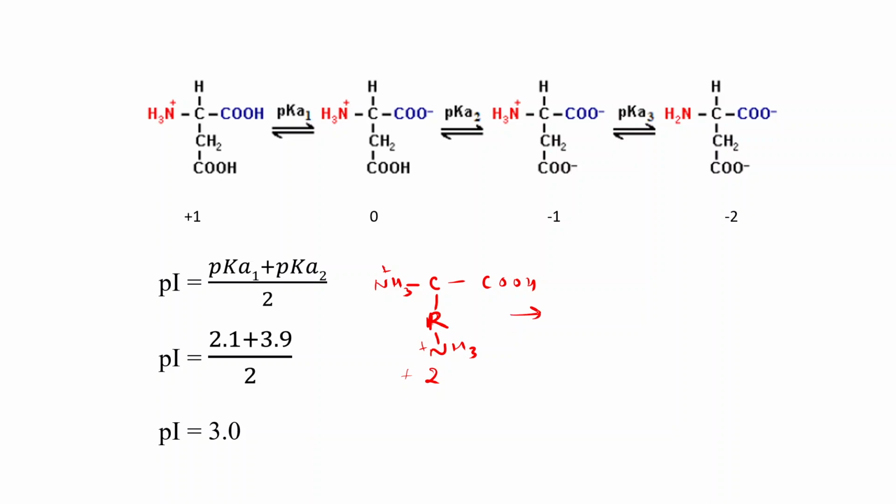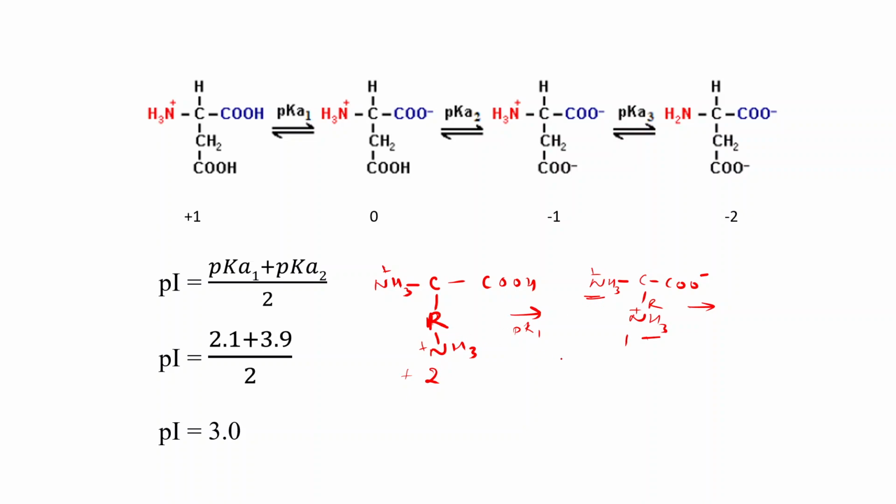and then when deprotonation happens at first pK1, the carboxylic group will lose the proton first, then our second amino group will lose the proton, and then the last amino group will lose the proton.